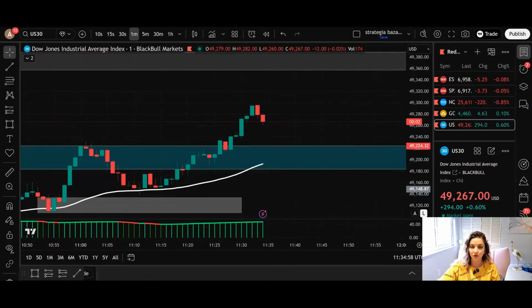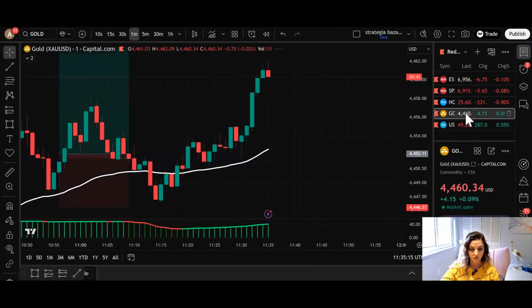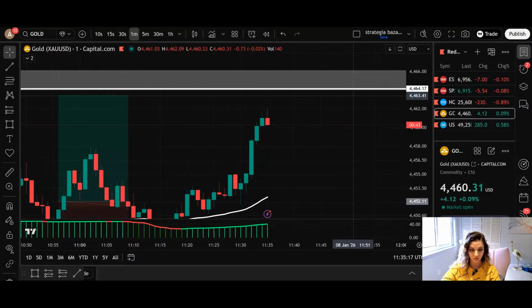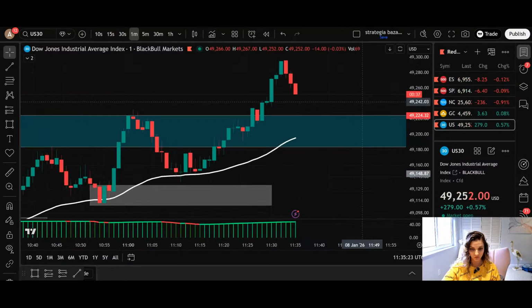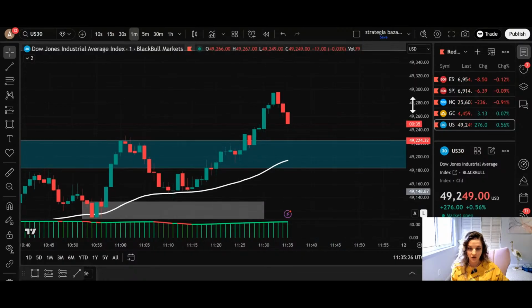Let's go for the retest. Here we go. The retest might come, guys.